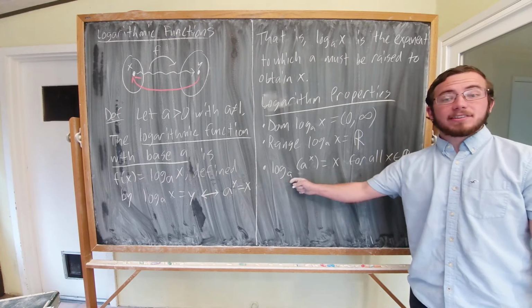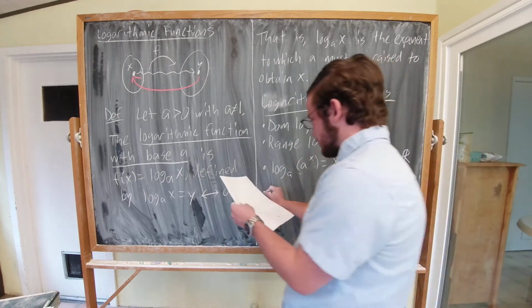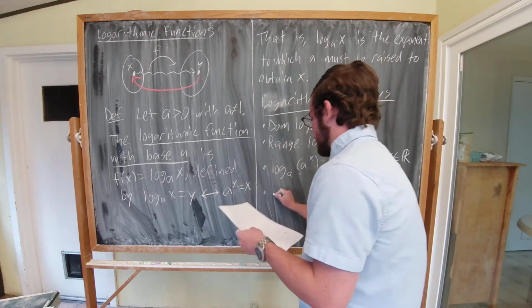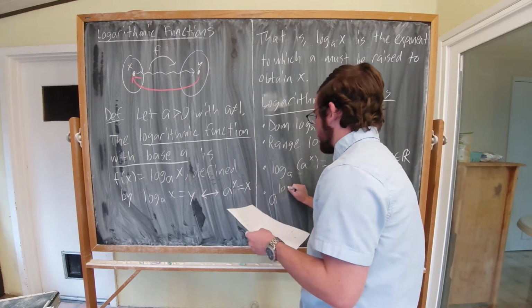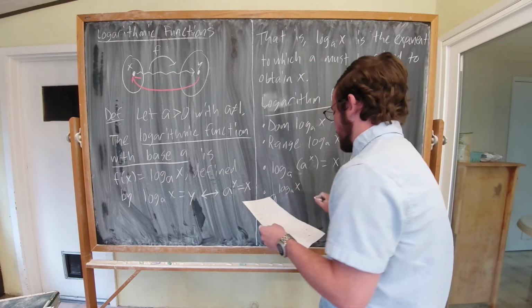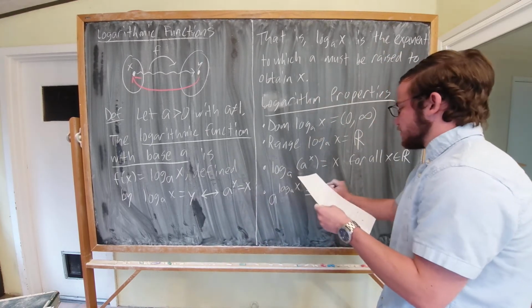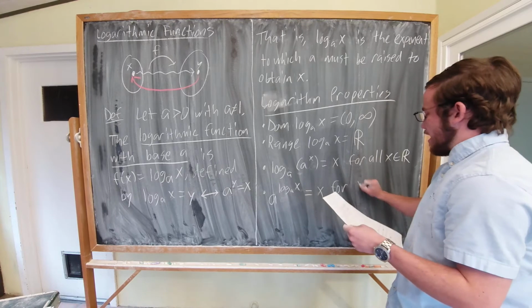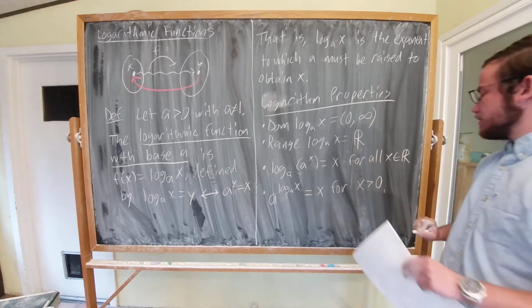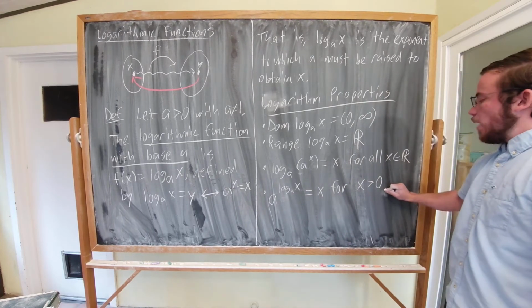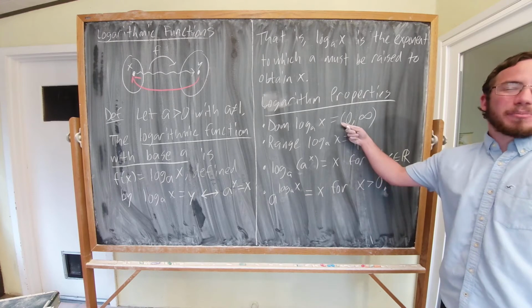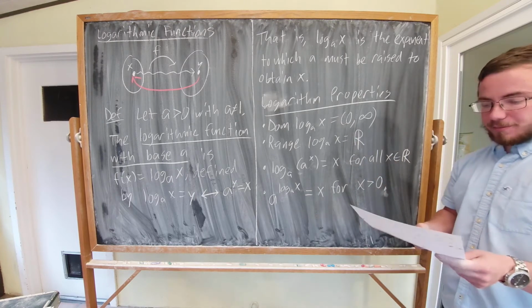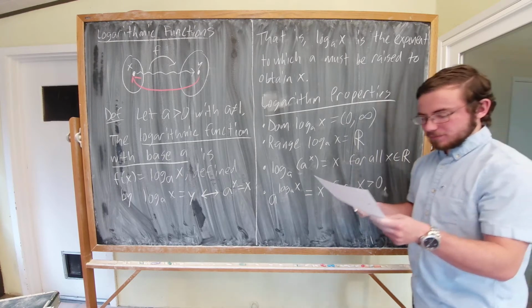Please note, these a's do have to match. And also, similarly, a to the log base a of x power is equal to x for x greater than 0. Why x greater than 0? Because that's the domain of the logarithm in general.